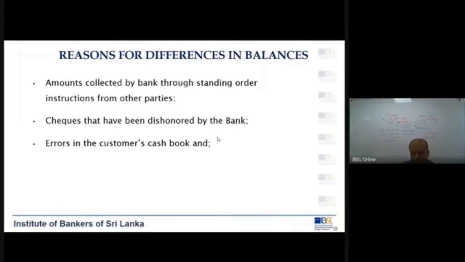And very importantly, there could be an instance where the bank's accounting systems also could make errors. So these are two possibilities that you have to be mindful of. Your accountant or the bookkeeper making mistakes in your cash book. Similarly, the bank accounting system also makes certain mistakes in their records.